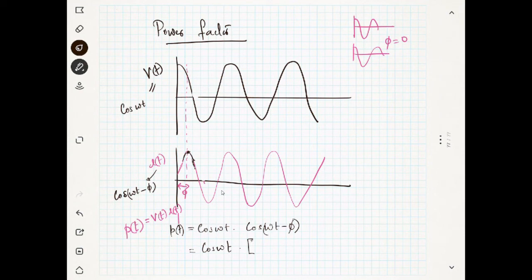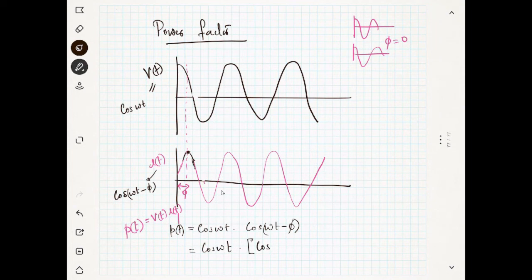Cosine of a minus b. Yesterday we checked, I think so. I don't memorize it, sir. Cosine of a minus b. I will check it. What will be the value? It is cosine A, cosine B. Is it plus or minus?